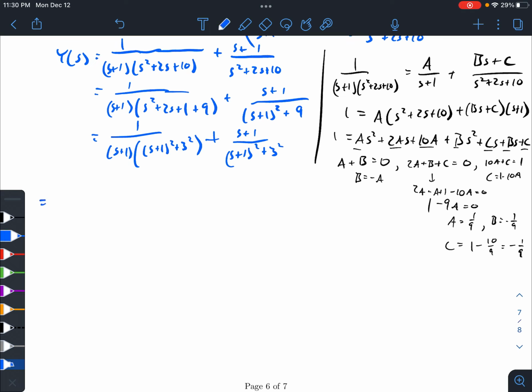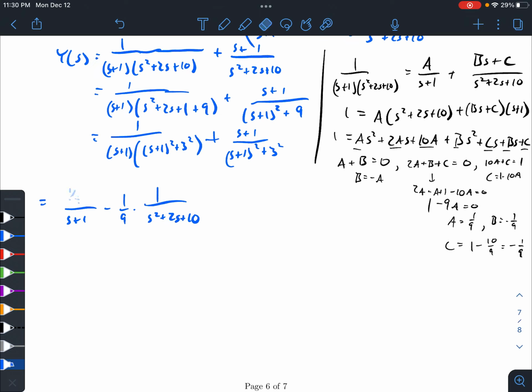So this should equal, a is 1 over 9, so 1/9 over s plus 1, plus, and I'll just keep this as, okay, b and c are both negative, so I can just factor out a negative 1/9 from all of that, and be 1 over s squared plus 2s plus 10.